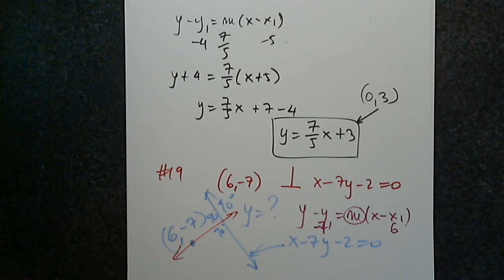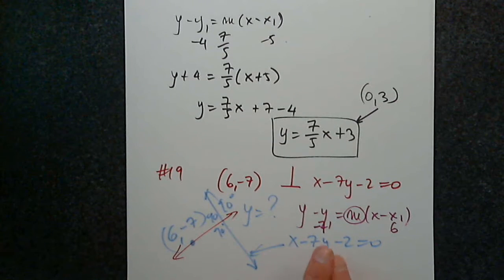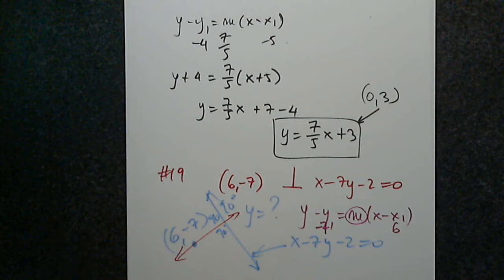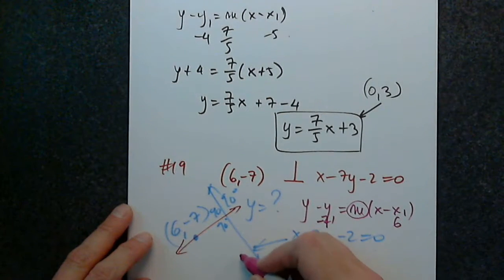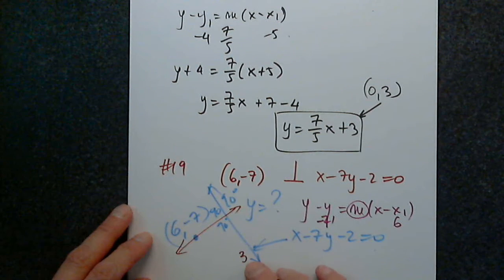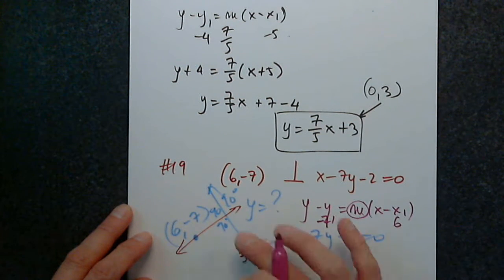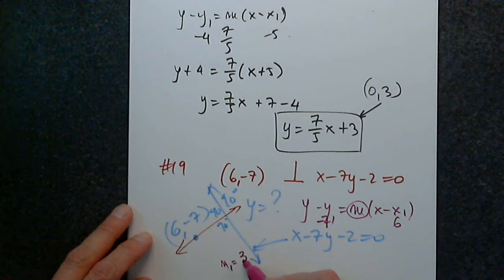Is the slope somehow given indirectly? Oh, I was going to say find the slope of that. Excellent. To find the slope of this line, let's assume, for the sake of argument, that I find that m1 is 3.